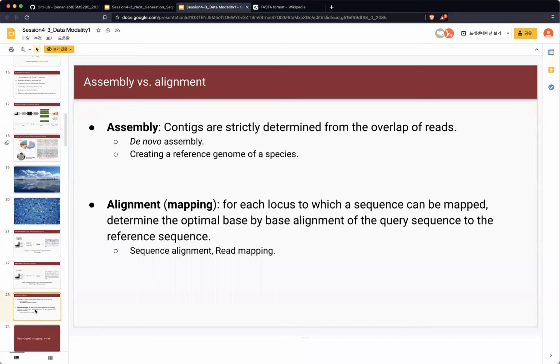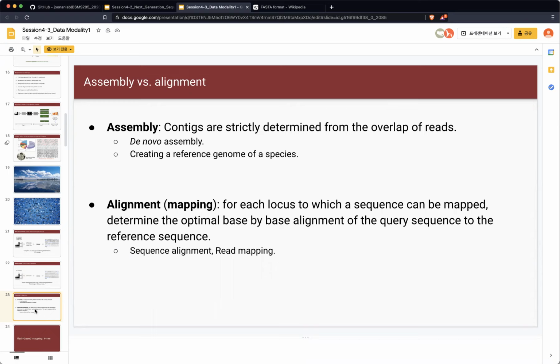But then the question is, why do we want to use assembly, right? Why not just do the alignment? Why do we have to do assembly? The situation is that if you are working on human, then we know the reference, and if you're working on mouse, there is a reference, right? But if you are working on a certain species that not many people have done genome research on, or no one has ever done genome research on, then in that case we don't have a reference genome, right?